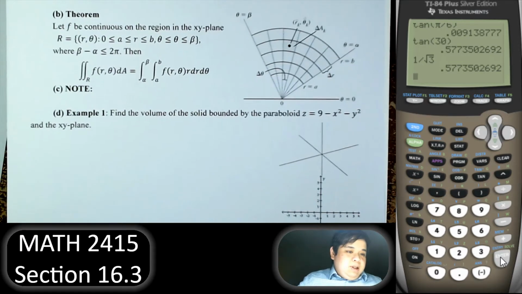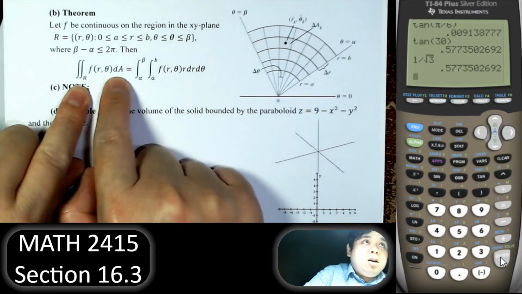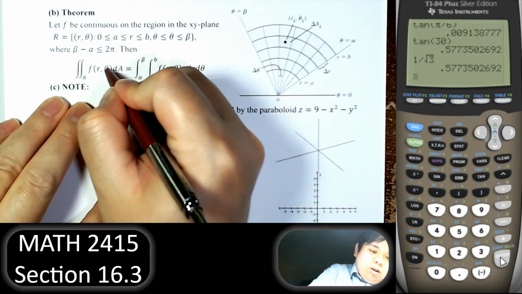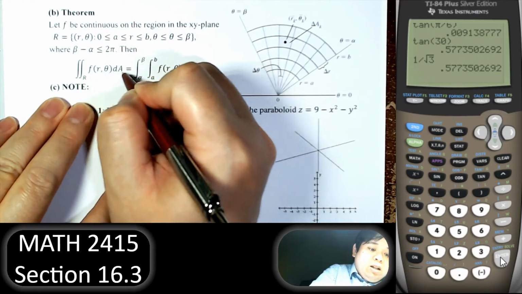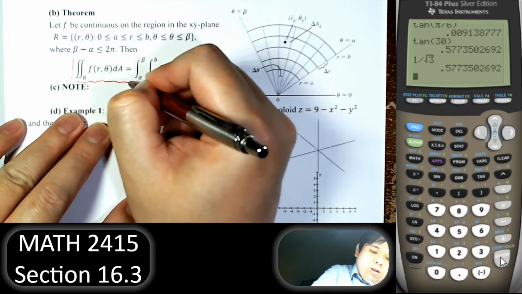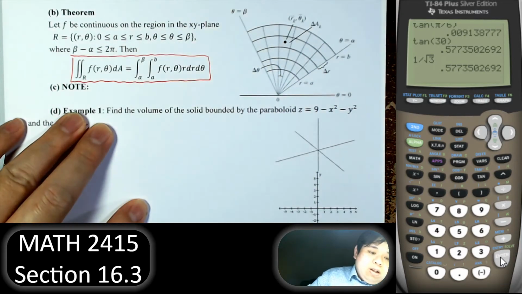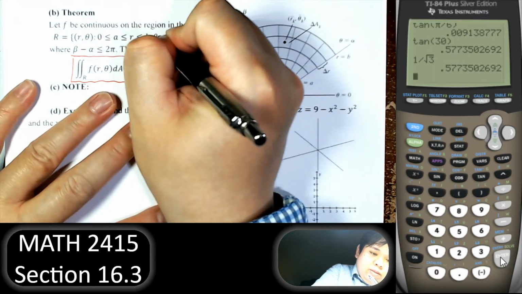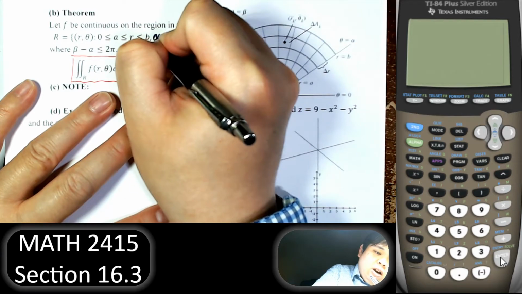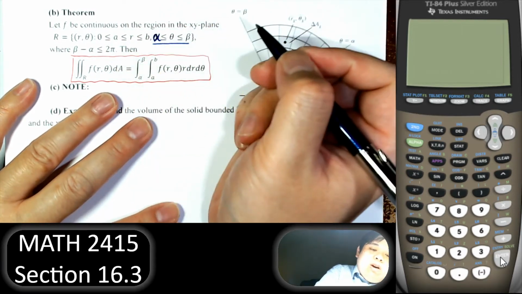Now, once again, we have the same thing, but this time we have the function in terms of r and theta. So the double integral of the function in r and theta, dA, is equal to the integral of this. Of course, this should be alpha. Actually, I changed the note online, so there should be alpha here. So theta is between alpha and beta.